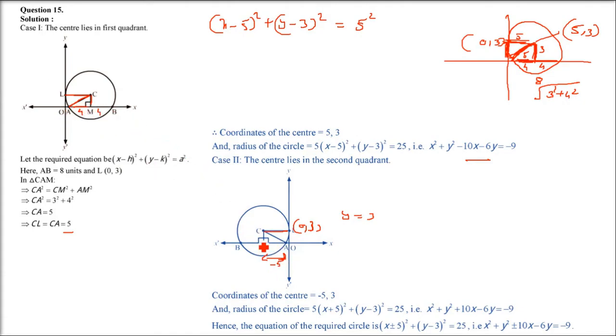So the center will become (minus 5, 3). This is the only difference between the first and second scenarios. So the equation will be (x plus 5) whole square plus (y minus 3) whole square equals 5 square.